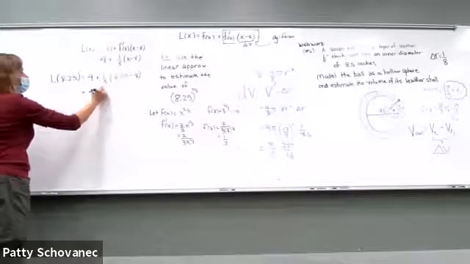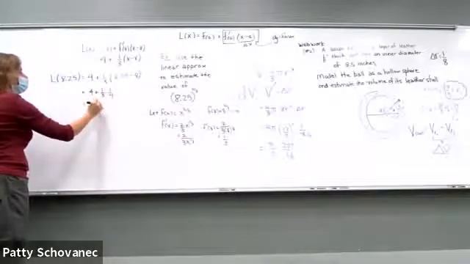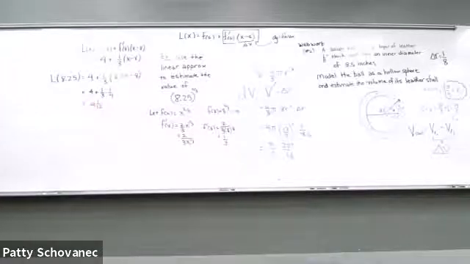So it's 4 plus 1/3 times 1/4. So it's 4 and 1/12. So that's the other way you use the linear approximation, using the entire y value and not just the change in y value.